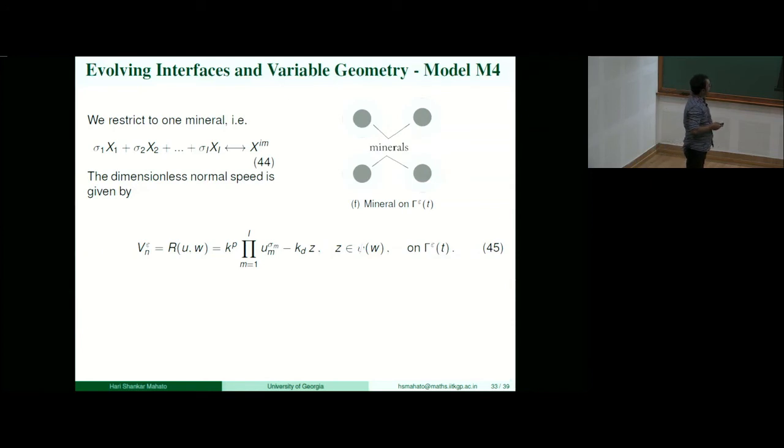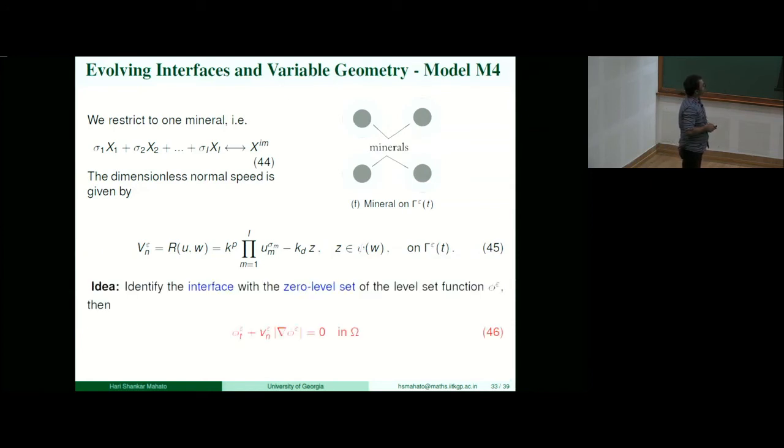And another tool that we applied here is that we wrote down the interface in terms of the level set function phi. And if you write down the moving interface in terms of the zero level set of phi, then the equation for this interface will be given by this first order hyperbolic equation.